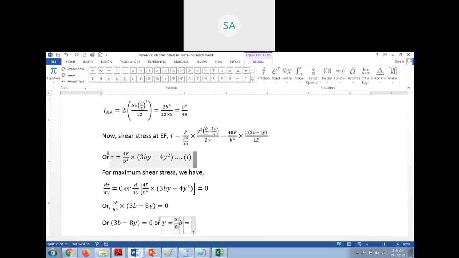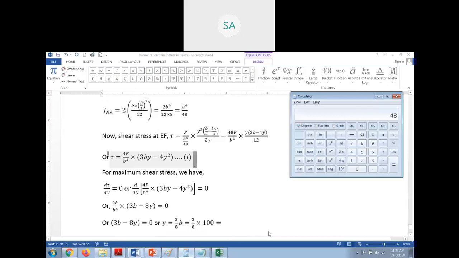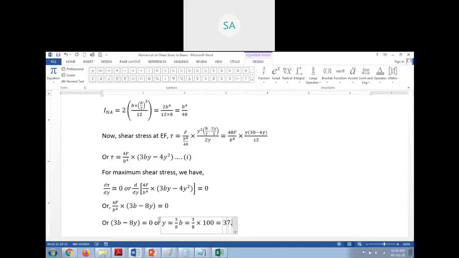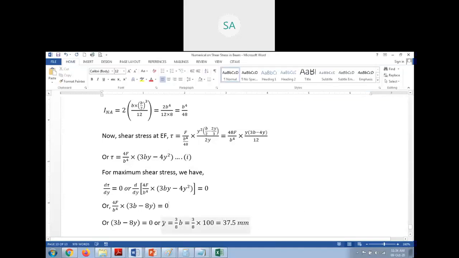Now b is 100 mm, so it is 300 by 8, 37.5. Right? So when the value of y is 37.5 mm, we will have the maximum shear stress.